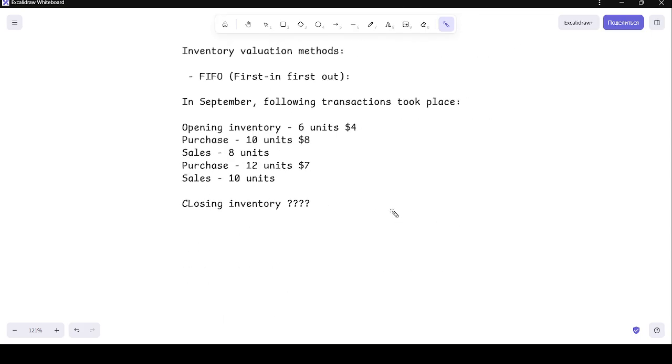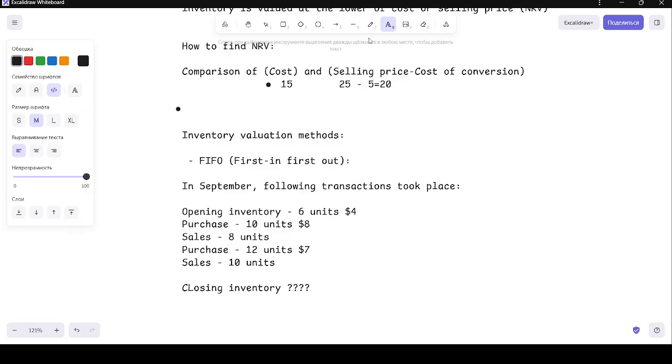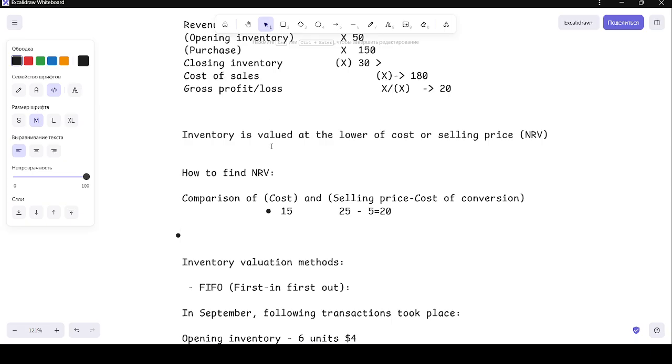Okay, we have also different kinds of methods to value our inventory. First of all, it is FIFO, and before that we have also the unit cost method. Unit cost is multiplying the units of our products.